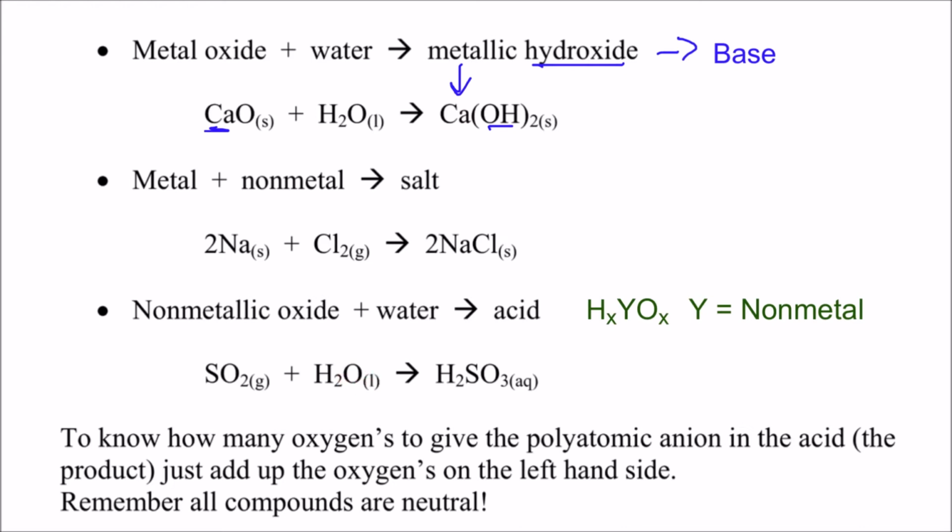And remember, the law of conservation of matter, you can't create or destroy matter, so if I've got 3 oxygens over here, I've got to have 3 oxygens over here. So that's how we knew to make that H2SO3 rather than, like H2SO4 or something, okay?